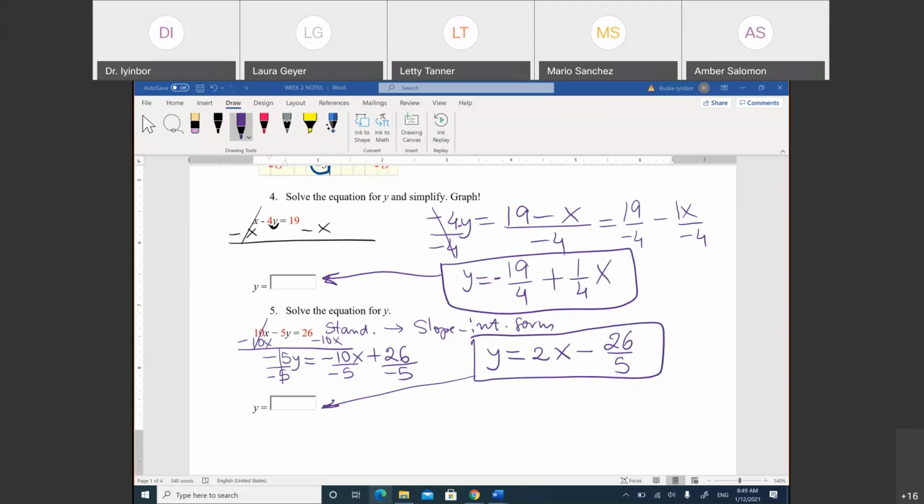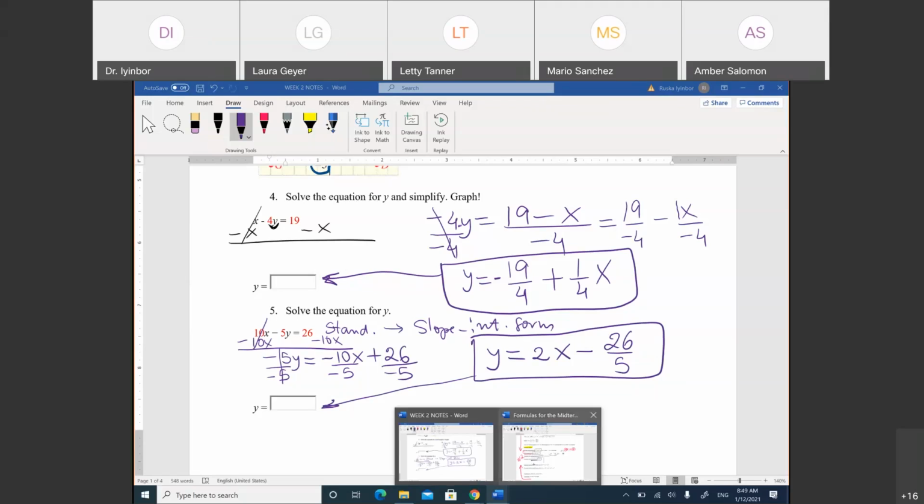So, from standard form, you go to slope-intercept form. And also, I'm just going to expand this. I'm just going to give you a little bit of something to look at on the formula sheet.